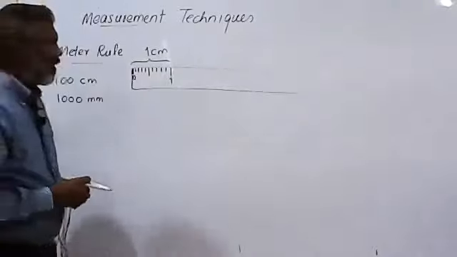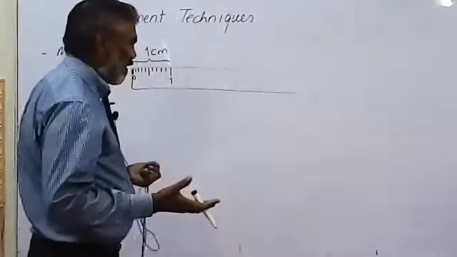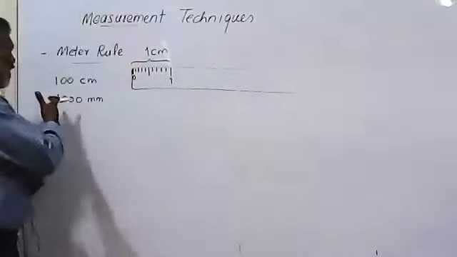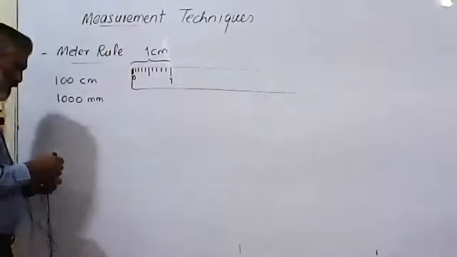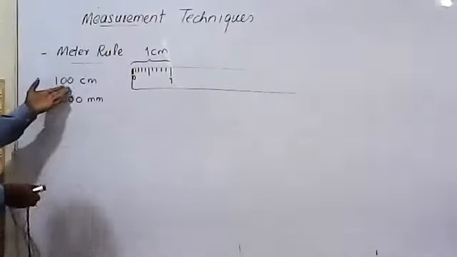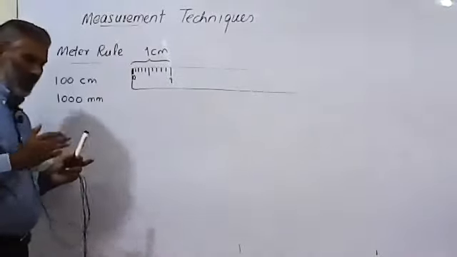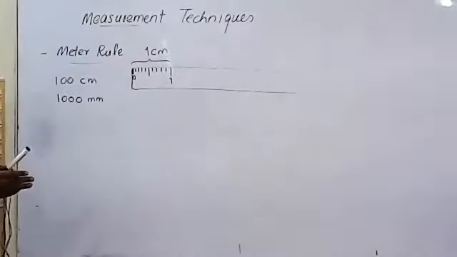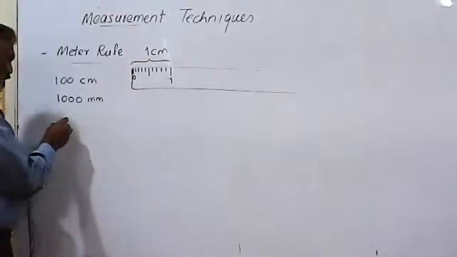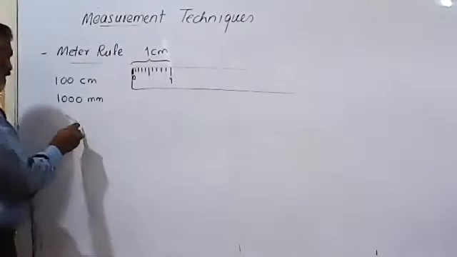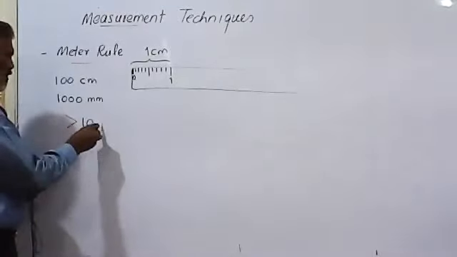We can measure any reasonable size of an object which has a few centimeters in length. Usually it is recommended that the size of an object that we are trying to measure with a meter rule should have a size greater than 10 centimeters.